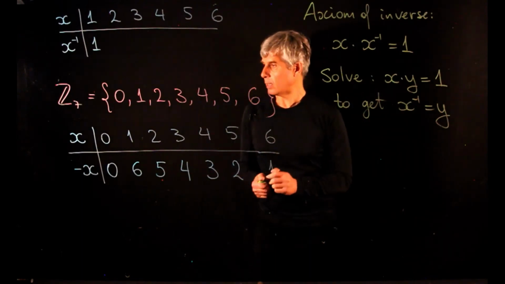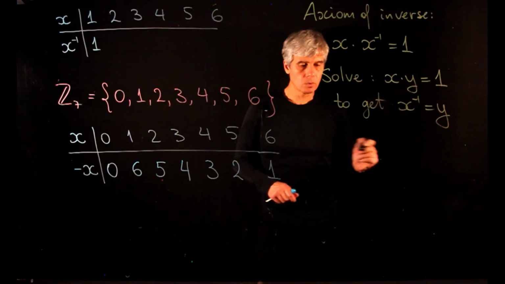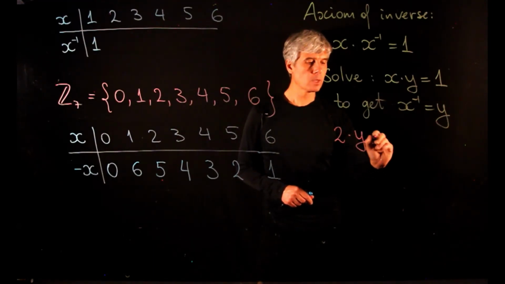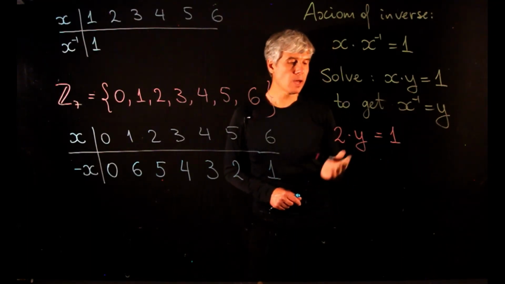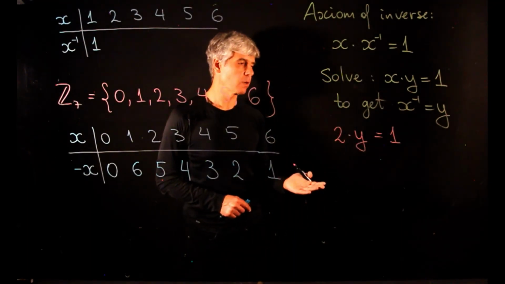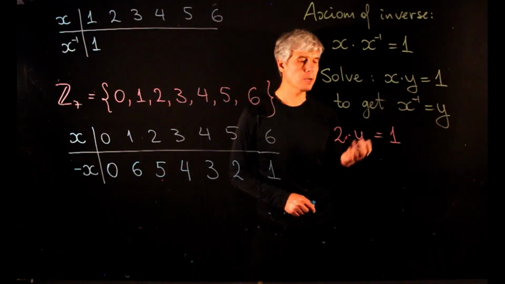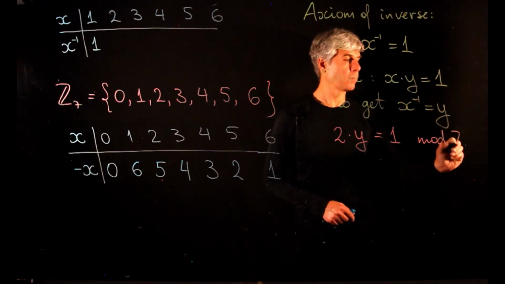Okay, so let's take the element 2. So this tells us that we are solving 2 times y is equal to 1. Now, of course, in integers, that is impossible to solve. But we are not talking about integers here. We are talking about remainders.